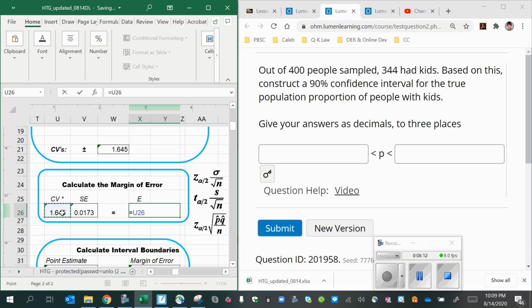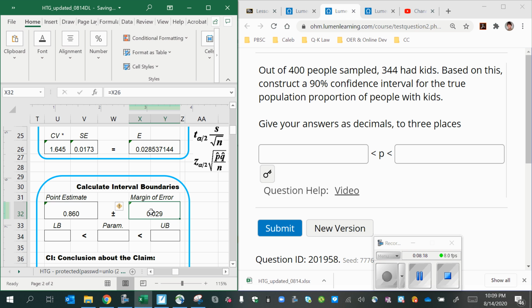The critical value times the standard error gives me my margin of error, which is already copied into here. Then I take my point estimate p-hat, and to estimate the population proportion p, I subtract the margin of error for a lower boundary.